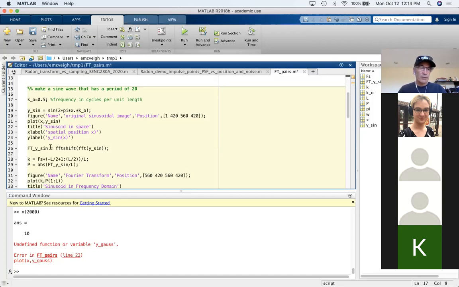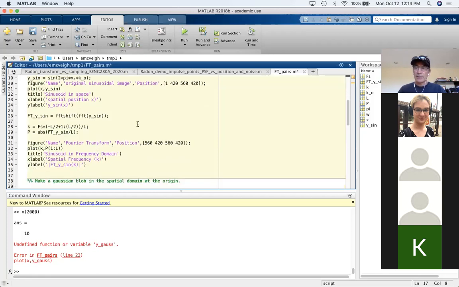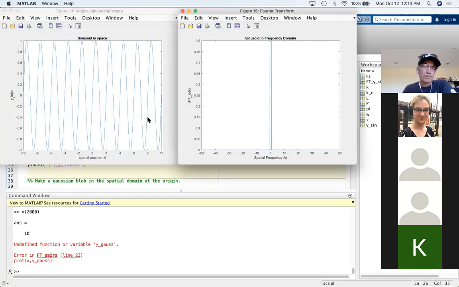We'll plot it, then we'll take the Fourier transform of that sine function and plot that. So this is our spatial position, and let's just call it centimeters. This shows that at 0 we're at 0, just like the sine wave, and it comes up and goes down like a sine wave.